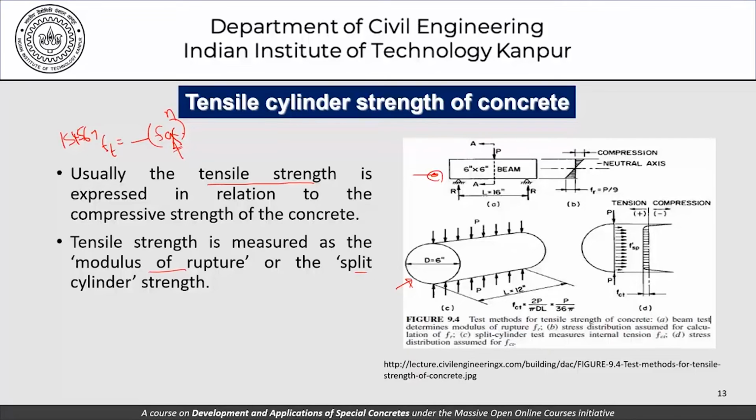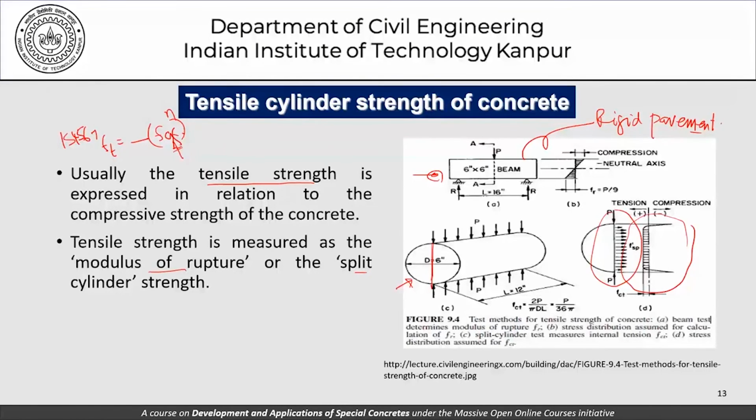When it comes to the split cylinder tensile strength, I'm leaving it to you to investigate and learn the strains and stresses, their distribution along this diameter between which the loading is applied. The loading is applied along this long axis of the cylinder, and along the diameter of the cylinder, this is the strain and the stress distribution, and that's why it is called the split cylinder tensile strength.